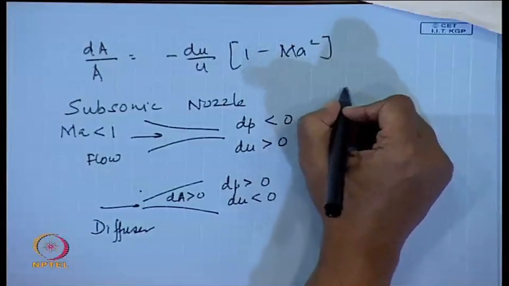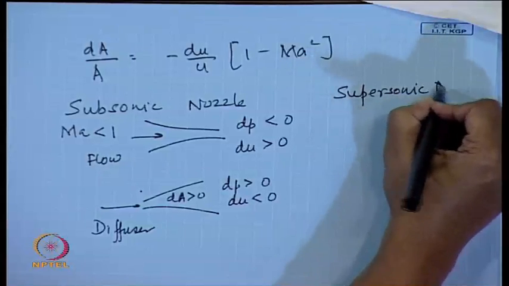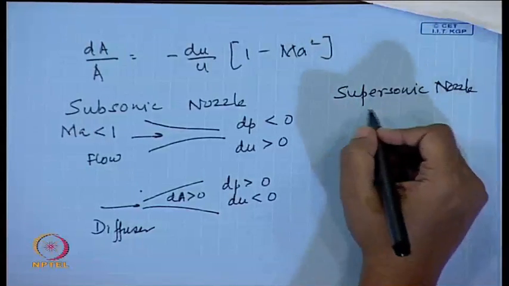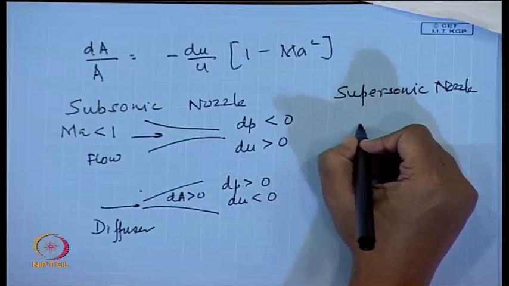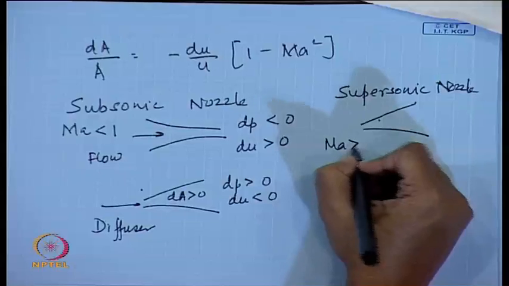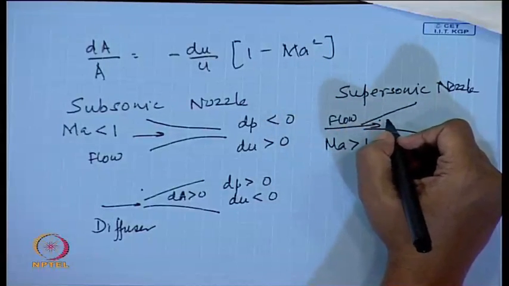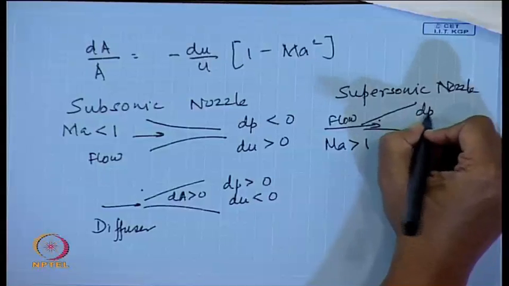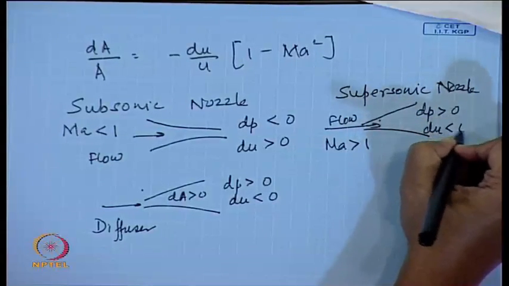Agreed? But we find that when we go for the supersonic nozzle, in this particular case, the nozzle will be something of this sort. Here Ma is greater than 1, flow occurs in this particular direction, and we find that for this particular case dP is greater than 0, du is less than 0.